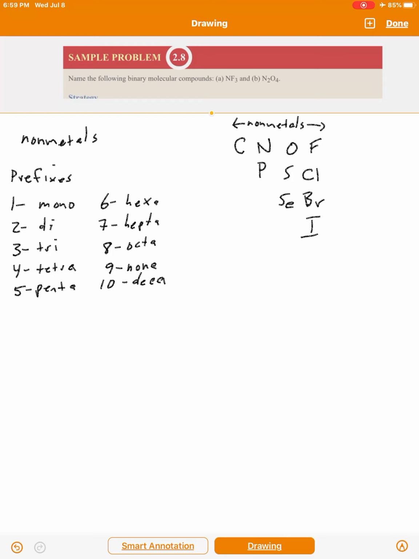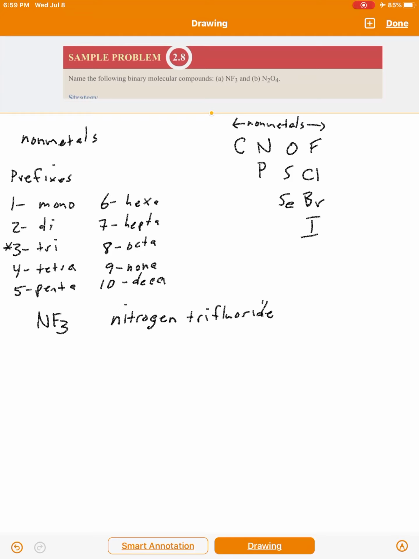So let's try the first one. It's NF3. You name the first one, nitrogen, and then you name the second one and change the ending to -ide, but you use the prefixes. So 3 is tri. Fluorine becomes fluoride, trifluoride. Now again, the one exception is you don't put mono on the first element.